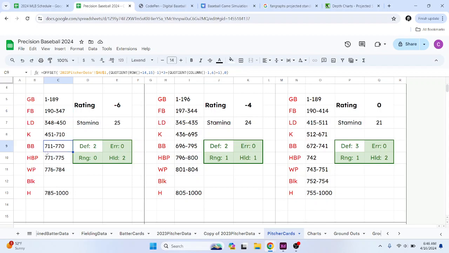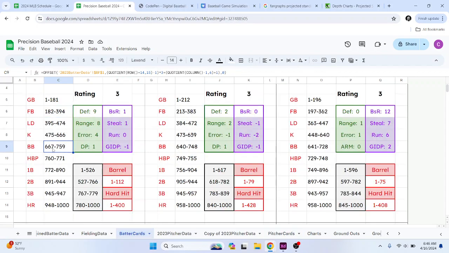Walk percentage here is, what is it, 6%. But off of the batter card, you're talking 9% walk percentage. So you can see that if the batter gets an advantage, it's a little bit of an advantage because the major things that you need to happen for this batter to get on base are going to be better than off of the pitcher card.